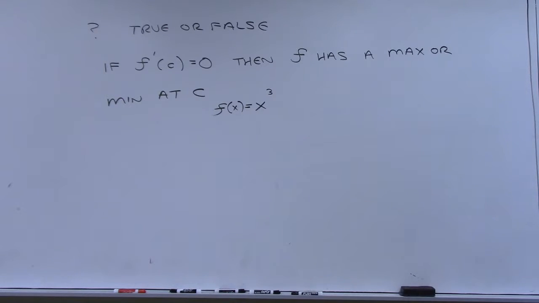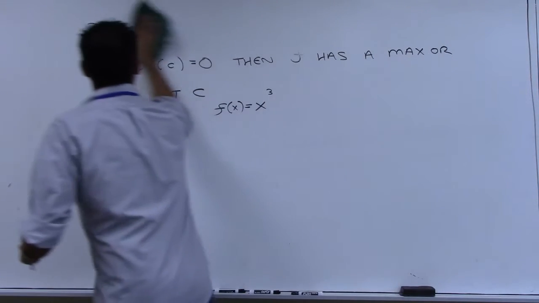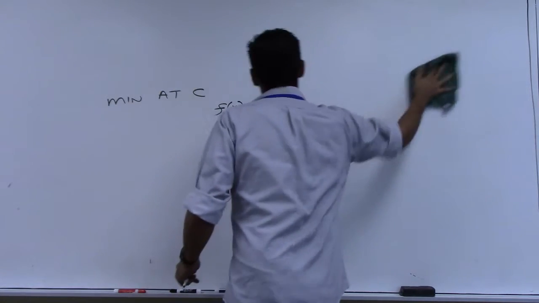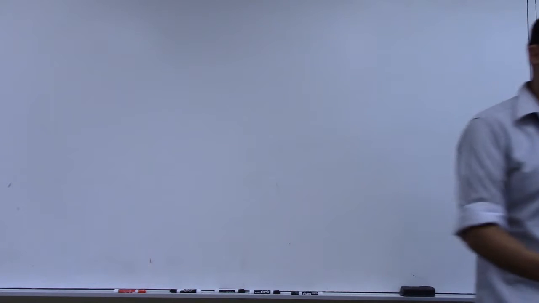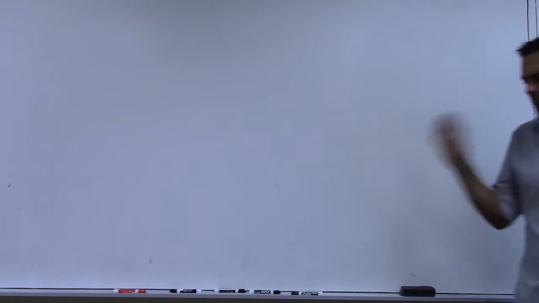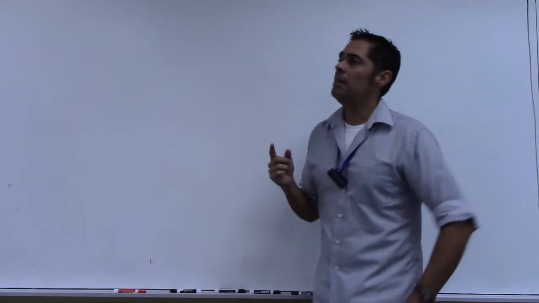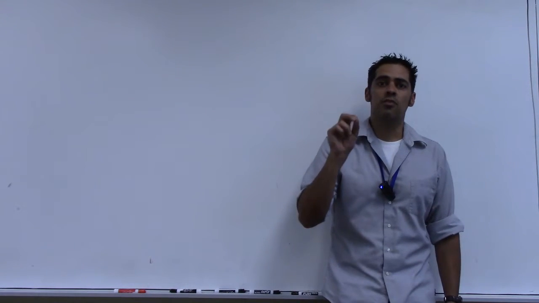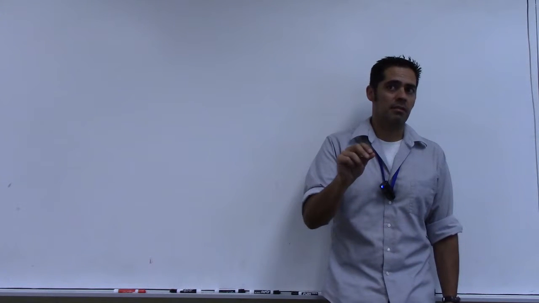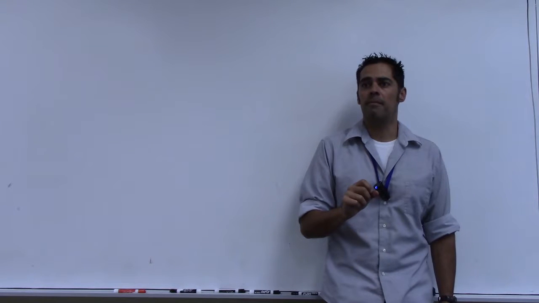All right, so now we have another definition. Well, you know what? There's one more thing in Fermat's theorem that we can address now. It might be a little bit too early, but Fermat's theorem said that if you have a local max or min and the derivative exists, then the derivative must be 0.